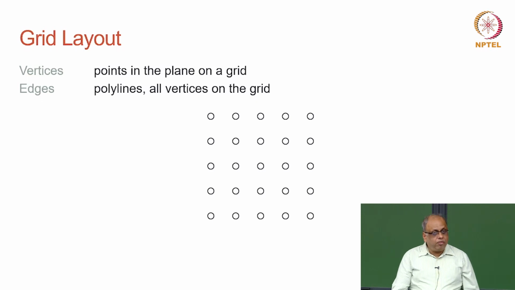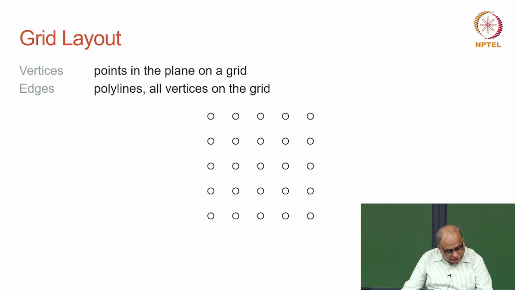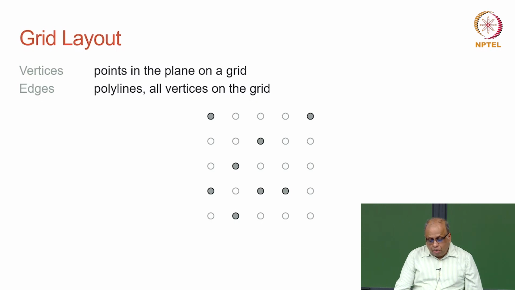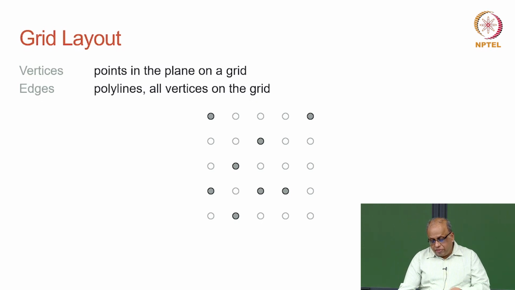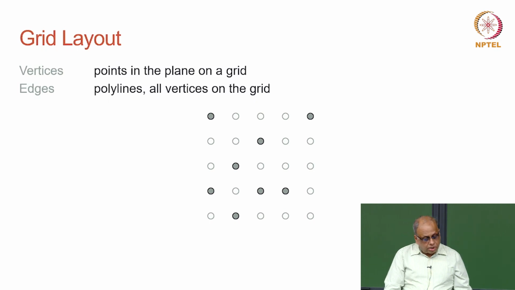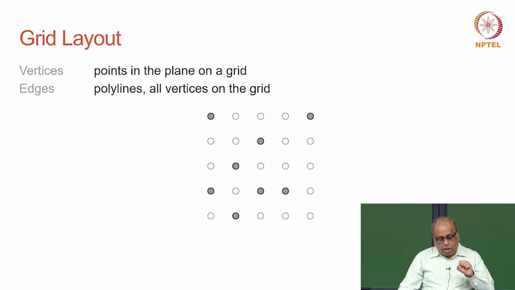So the problem of graph layout started in the 1970s. There is a conference for graph drawing that started in the 1970s, and it initially started with grid layout, where you have a grid which is an electric circuit, and you have various circuit elements. You want to put them in this grid without creating a very big grid.